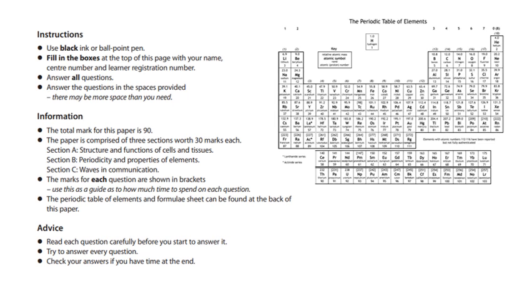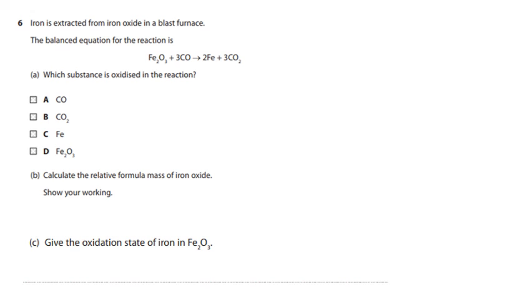So let's dive in. Iron is extracted from iron oxide in a blast furnace. The balanced equation is given. What substance is oxidized? Now, if we're talking atoms and things, then redox. But in this case, what substance is combined with oxygen?